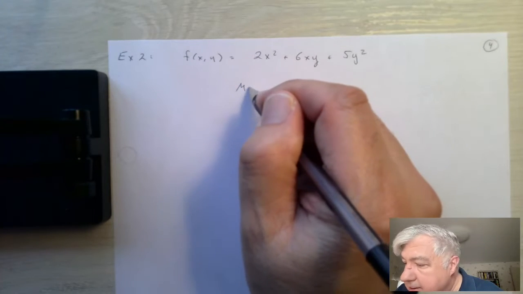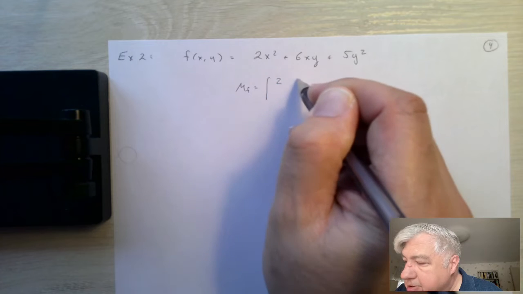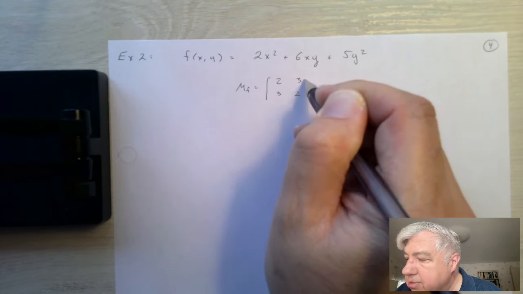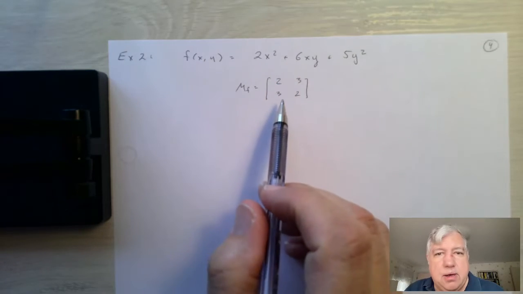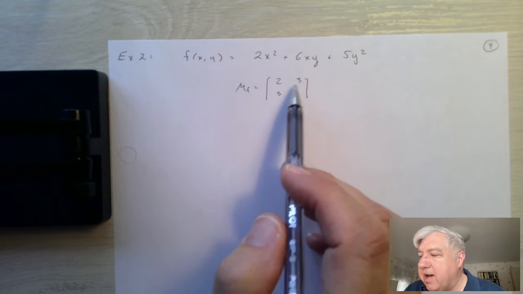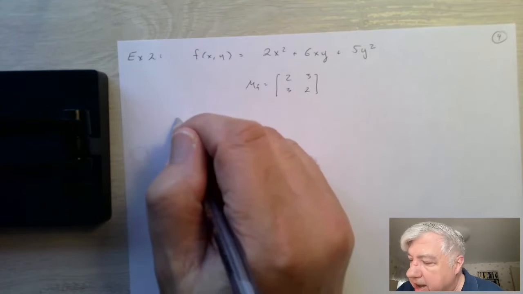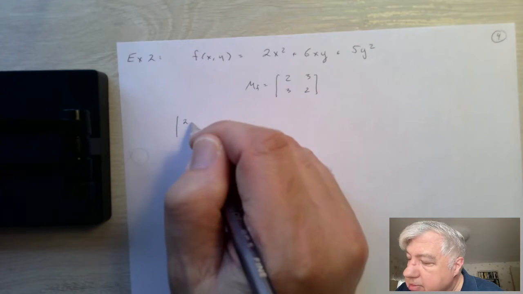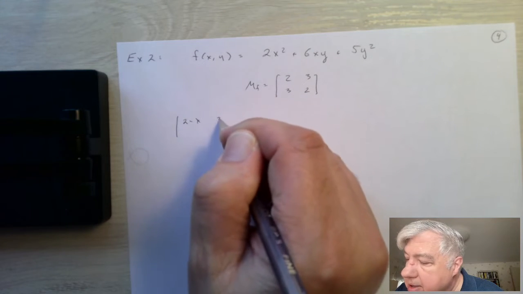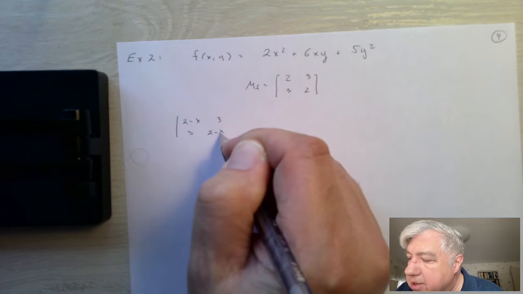So the matrix corresponding to this will be 2, 3, 3, 2. Okay, once again, we have a 3 here because that's 6 divided by 2 is 3. Okay, finding the eigenvalues, we have 2 minus lambda, 3, 3, 2 minus lambda.